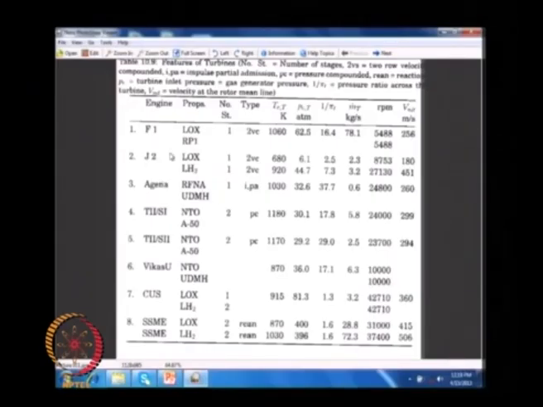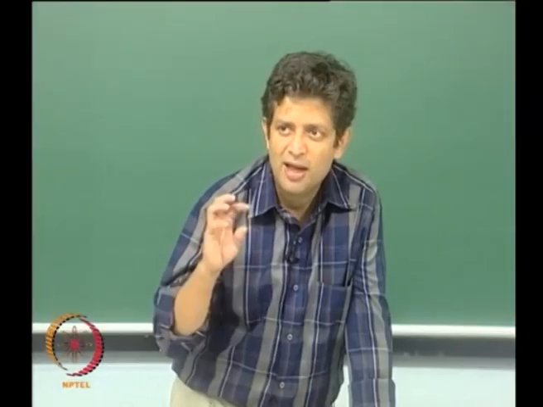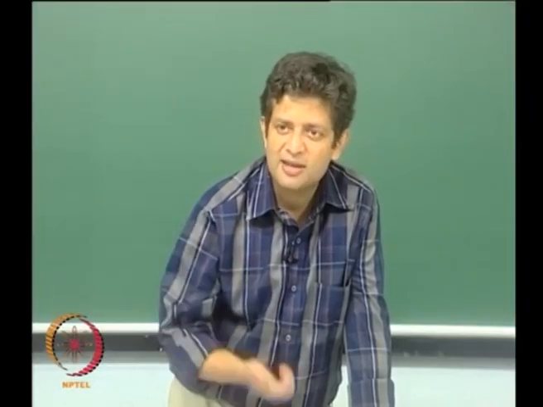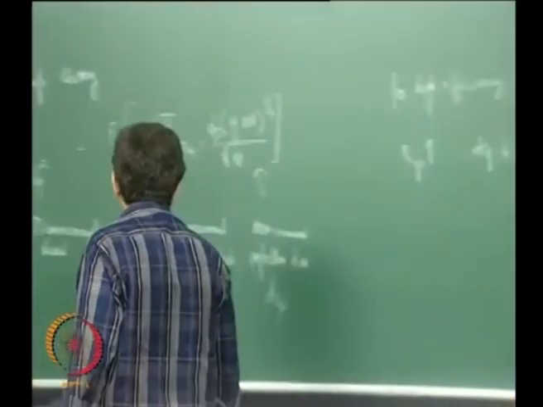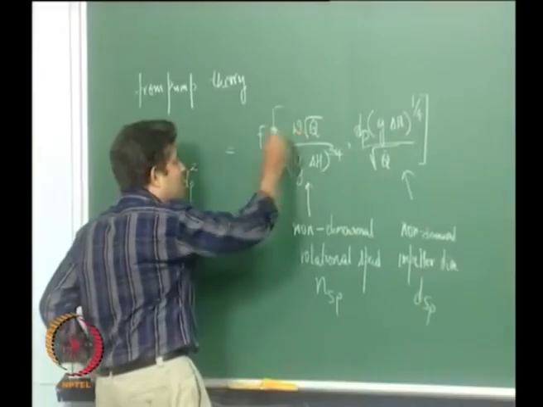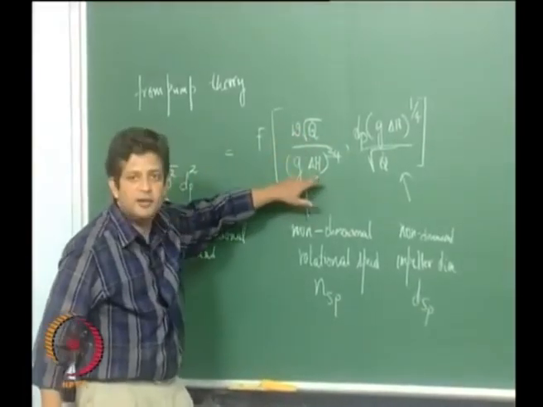If you look at this table here, it gives you what are the RPMs that these pumps are run at. Remember, we said that the diameters need to be small and rotational speed needs to be as large as possible. If DSP needs to be small and NSP needs to be large, NSP invariably means, if you look at this, this is NSP for a fixed flow rate and pressure head.